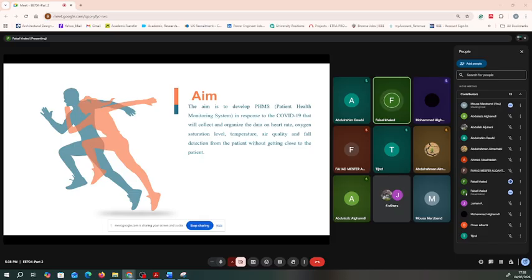It also detects falls: when the patient falls out of the bed, an alarm is raised without getting close to the patient. So the doctor can control everything in the room from far away.